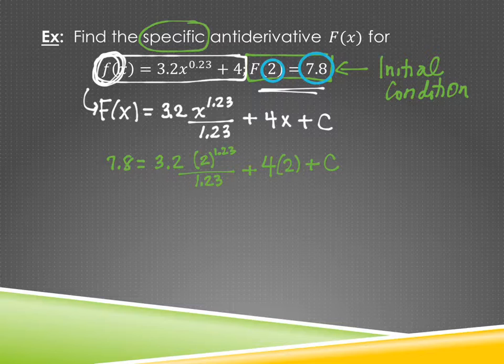So notice the only thing you don't know in this equation is the c, right? So let's simplify what we have. The left-hand side you have 7.8. I need you to take your calculator and figure out what is 3.2 times 2 to the 1.23 divided by 1.23 plus 8. We're just going to enter everything that's on the right-hand side of the equation except for the plus c, because we don't know that quantity, right? And find out what value it gives us on the right-hand side before the plus c.